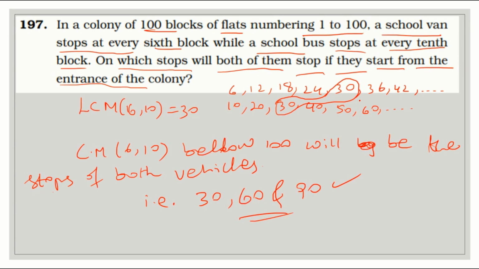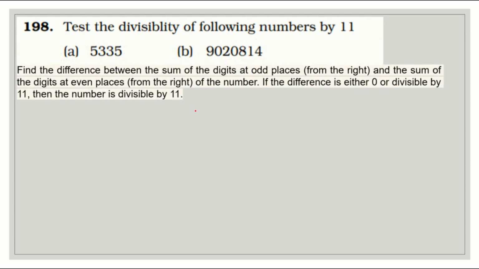Okay. Now coming to the question number 198. Test the divisibility of the following numbers. See students, if you want to test the divisibility of 11, you know the divisibility rule of 11. The divisibility rule of 11 says, find the difference between the sum of digits at odd places from the right, and the sum of digits at even places.